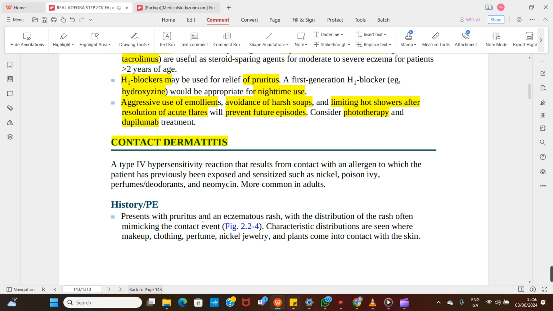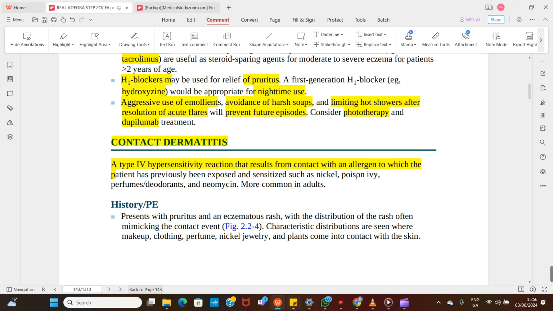So what we have here in this page I'm showing us is allergic contact dermatitis. It is a type 4 hypersensitivity reaction that occurs from contact with an allergen, right? And just like I've said earlier, most of this allergic process occurs in two basic phases. The first one is a sensitization phase, and the second is an elicitation phase.